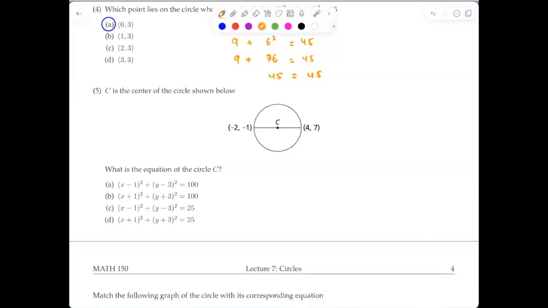Okay, so that's what we're going to do. So you have 2 points, -2, -1, and 4, 7. What you do is you find the distance, or the diameter in this case, of the 2 points. So 4 minus -2 squared plus 7 minus -1 squared.